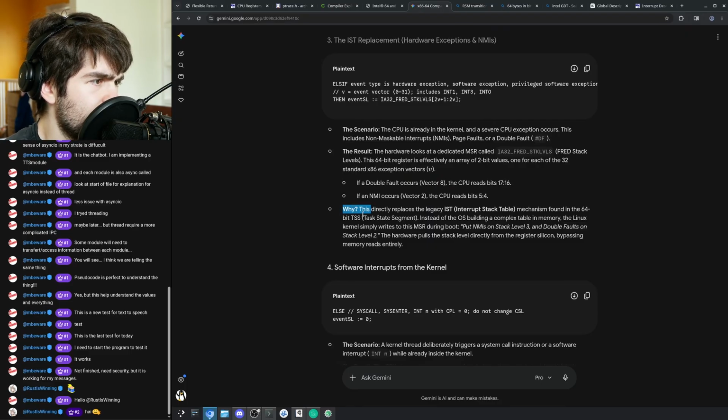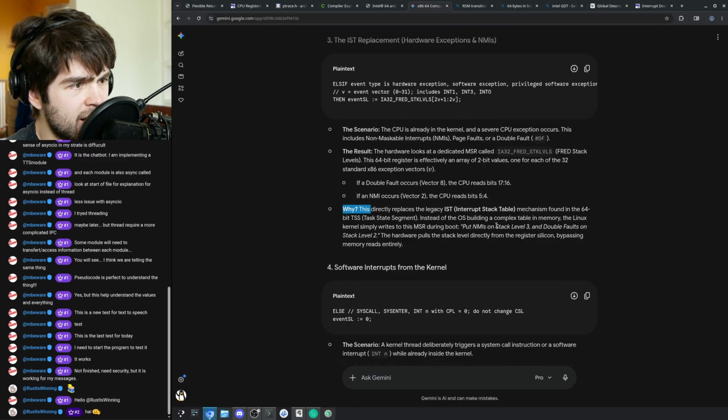Why? This directly replaces the legacy IST interrupt stack table mechanism found in the 64-bit TSS, the task state segment. Instead of the OS building a complex table in memory, the Linux kernel simply writes to this MSR during boot: NMIs on stack level 3, double fault on stack level 2.